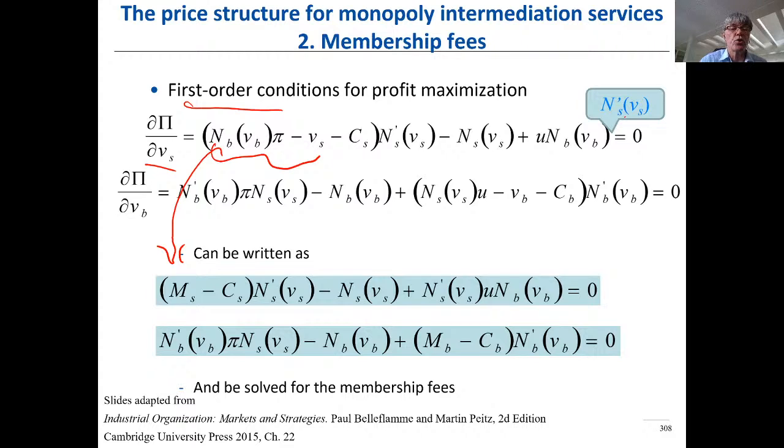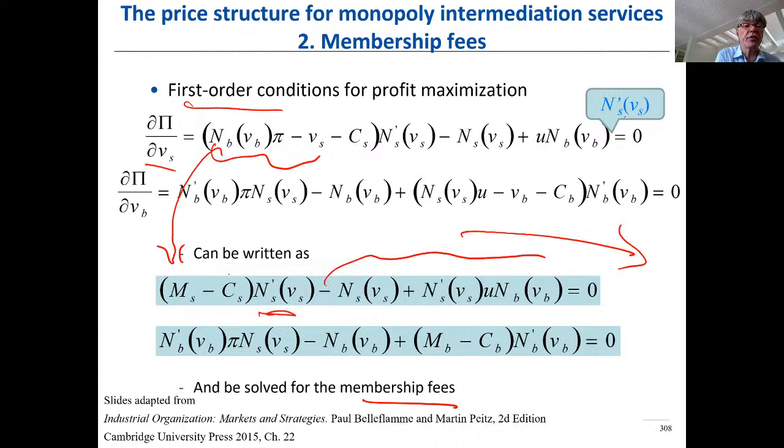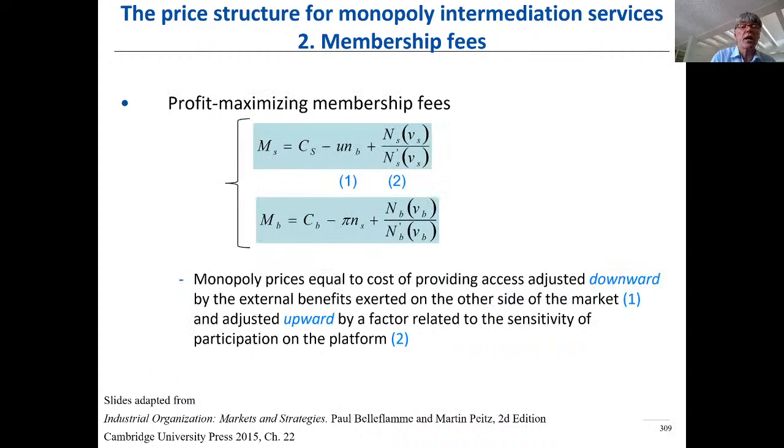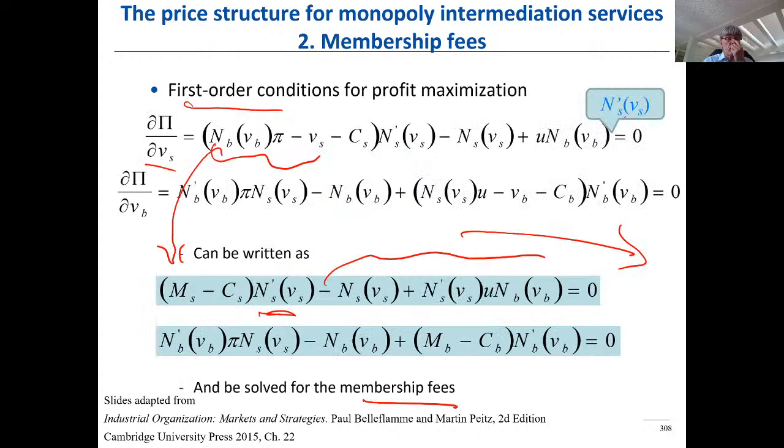By this substitution we got a really nice condition, and now we can immediately solve that for the membership fees, because you see here, put this part on the other side, divide by this part, and then you see ms is equal to cs plus something, and that's what we get here. This is really so straightforward to calculate.